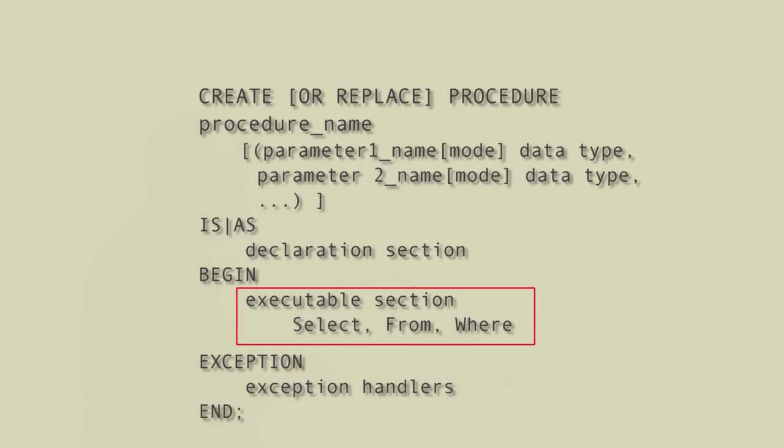Now, in the exception part of the procedure, you have to consider whether or not the issue that you're having problems with is a normal item or not.